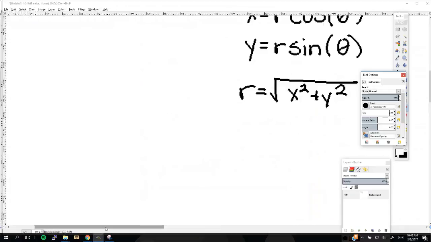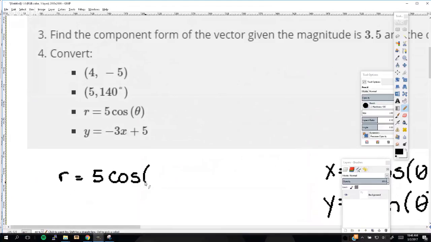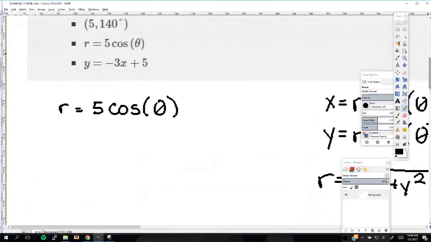I've been looking at this and I really don't know how he got the answer that he did. The first thing I could think of was r equals the square root of x squared plus y squared. I think you have to do that.